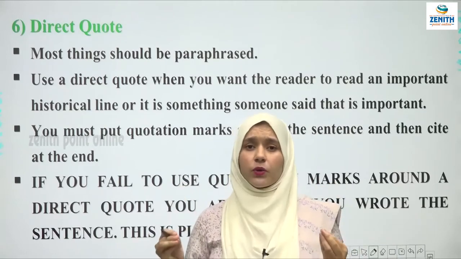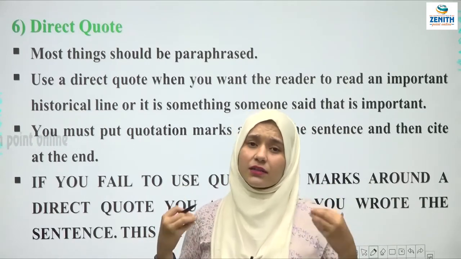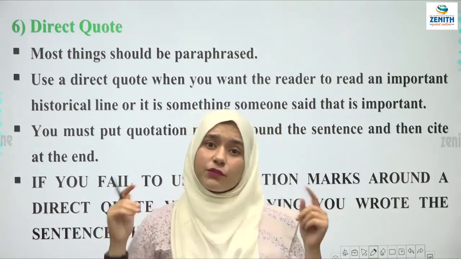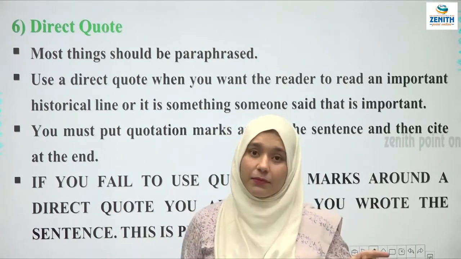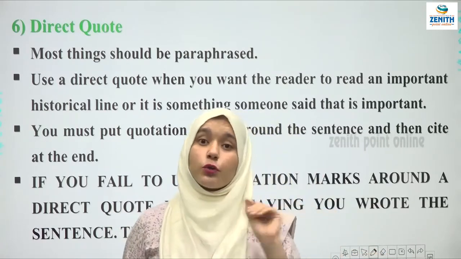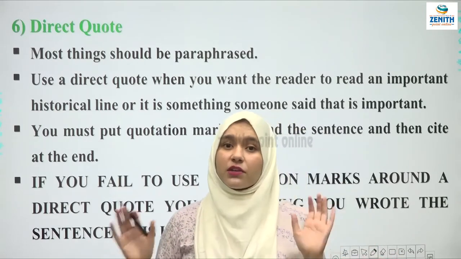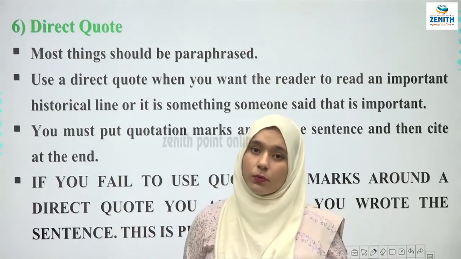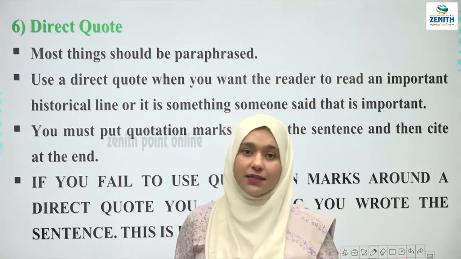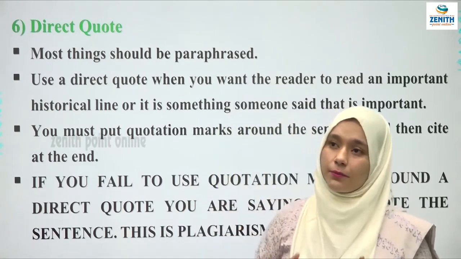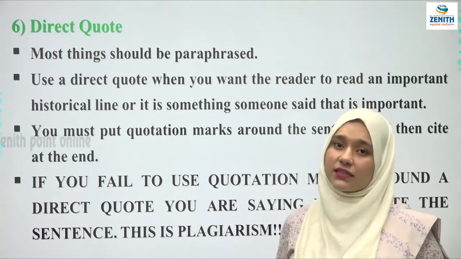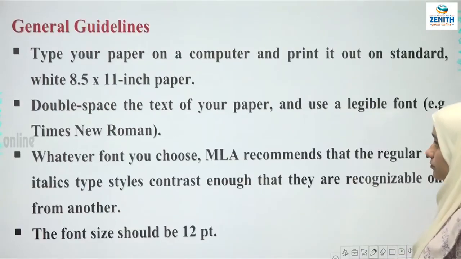Not putting quotation marks is a very small thing, but if you do this by mistake or deliberately, then you could be charged with plagiarism, because if you are not putting quotation marks, you are kind of stating that these are your words or your lines, and this is a very wrong and unethical thing to do in research.